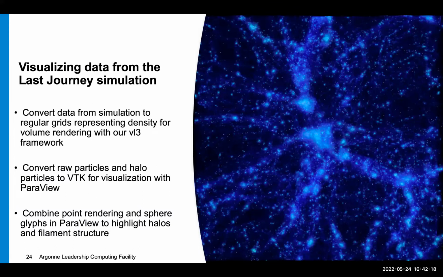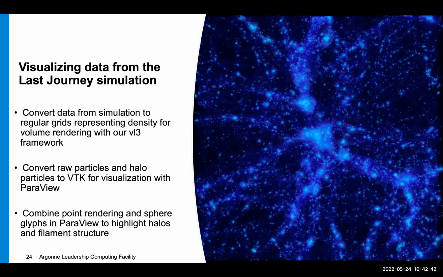One is our own VO3 framework, and for that we convert the particles into a regular grid, essentially an XYZ arrangement, equally spaced, where we represent the density. Essentially we count how many particles are in each bin, equally spaced in 3 dimensions.